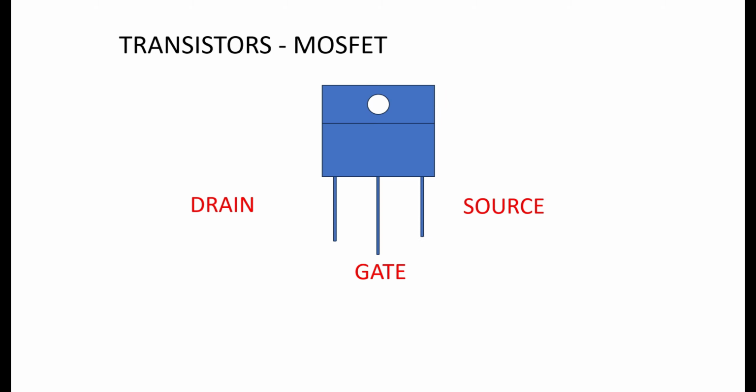So like a BJT, the MOSFET has 3 terminals, but this time they're called the source, the gate, and the drain. And just like the BJT, a FET or the MOSFET consists of a whole bunch of doped semiconductor material. But instead of using the semiconductor as a barrier to control electron flow, the MOSFET uses an electric field.